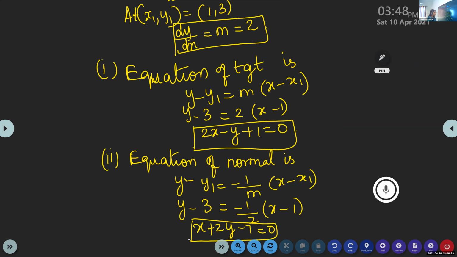Check your answer. Cross multiply. Check the sign. When you transpose it, positive will become negative and negative terms will become positive. Check. Is it correct? Recheck. Karthik, what is the answer you got? X plus 2y minus 7 is equal to 0.